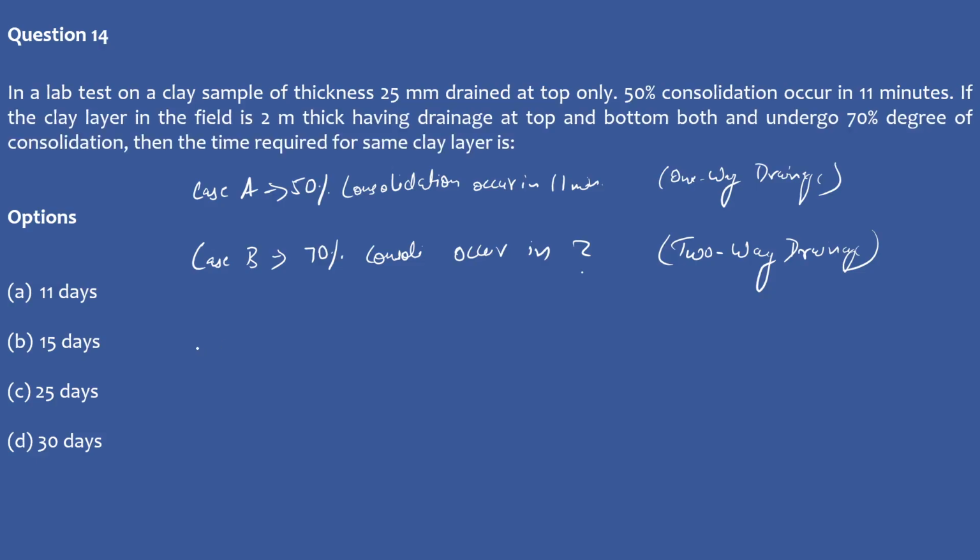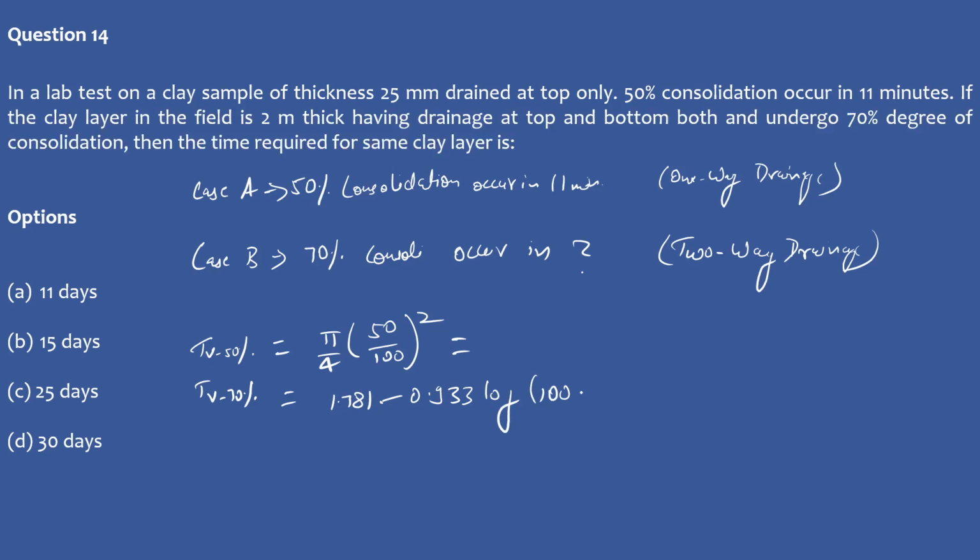So first, in both the cases, we need to evaluate Tv for 50% and Tv for 70%. We know for U less than 60%, you can directly use the formula Tv equals pi by 4 into (U by 100) whole square. And in this case, for 70%, your formula will go something like this: 1.781 minus 0.933 log of (100 minus U percentage).